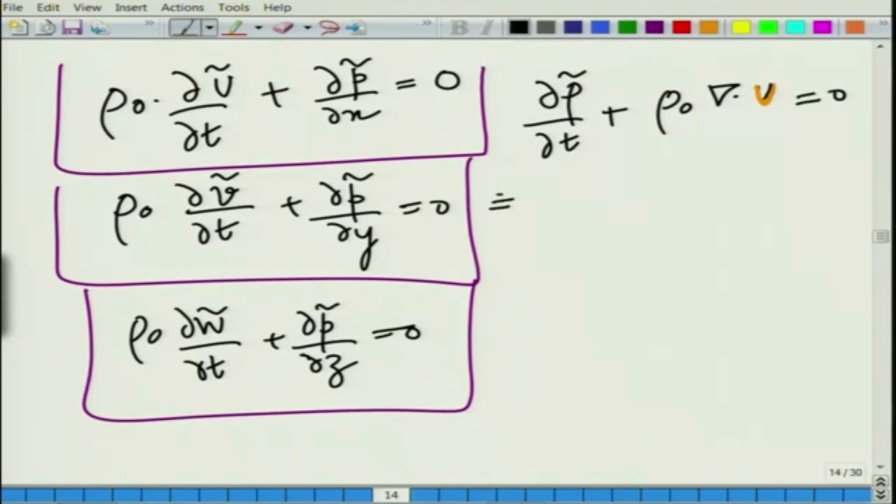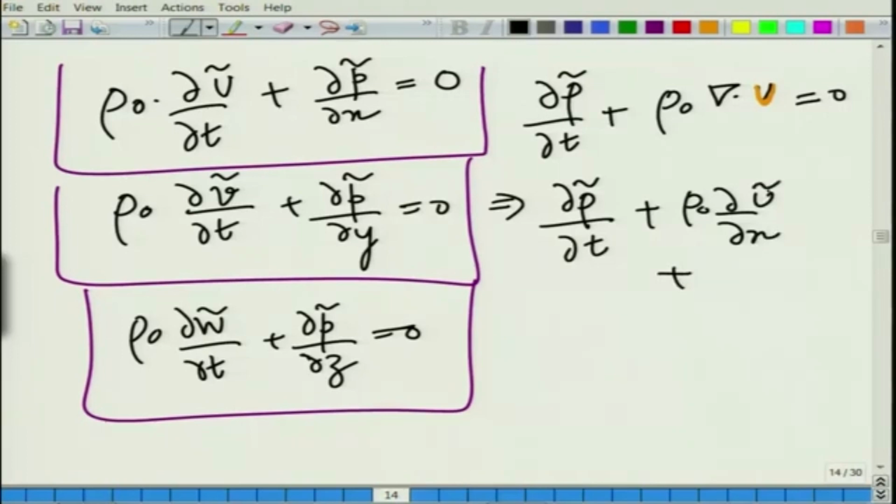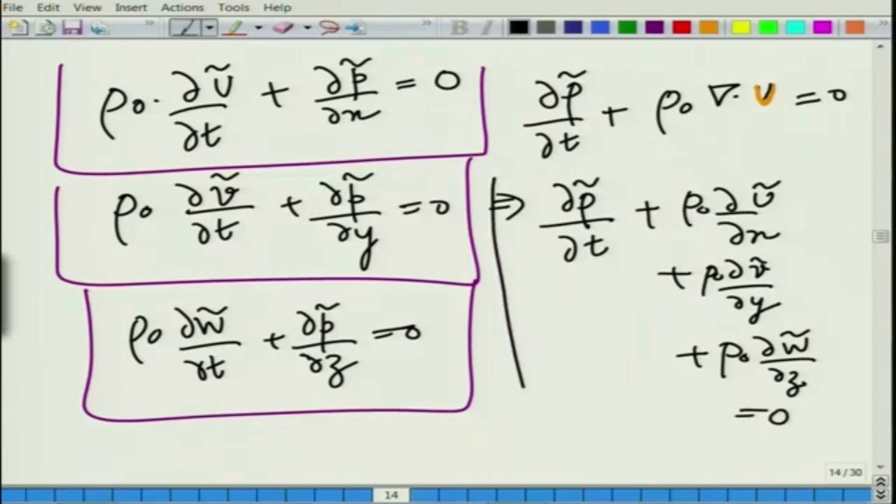So, in an expanded out form, the continuity equation will be equals 0. This is what it is going to be.